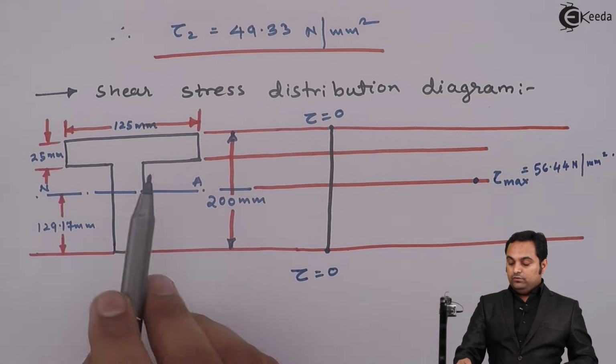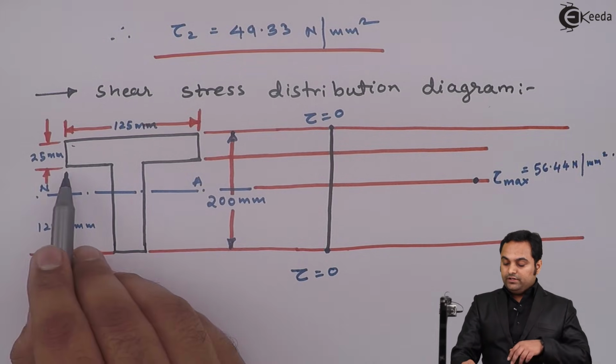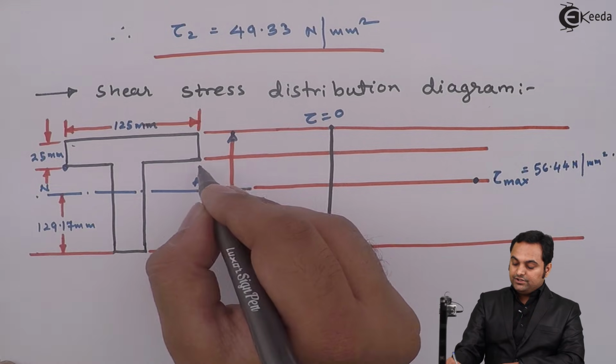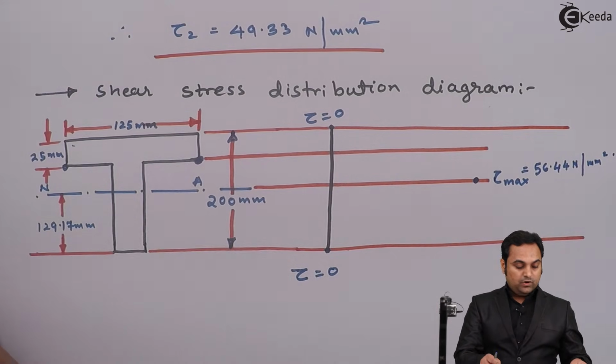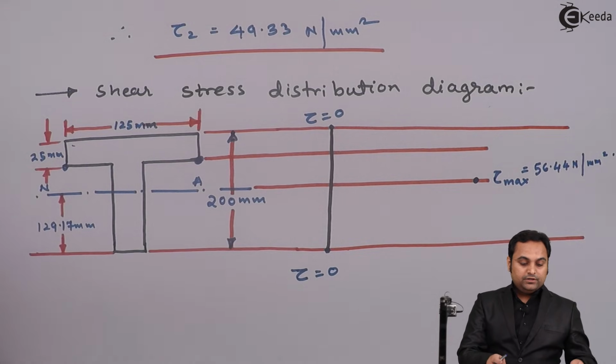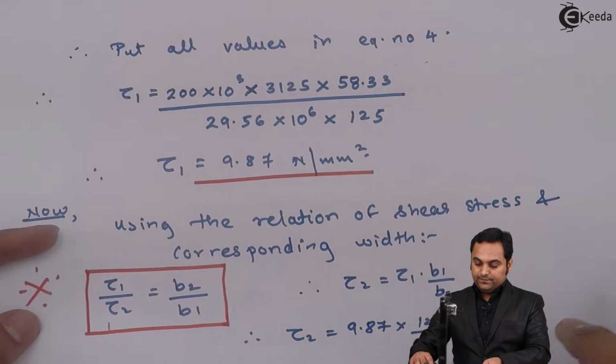Next, at the junction where the flange width is 125 mm, here the stress value we have got is tau 1, which was 9.87 Newton per mm square.